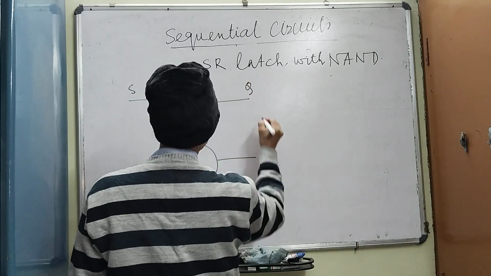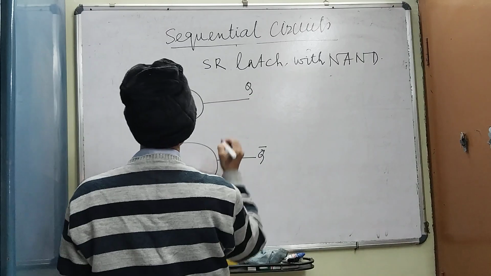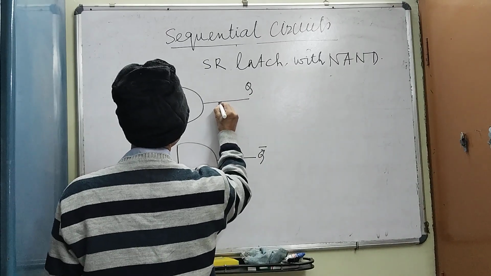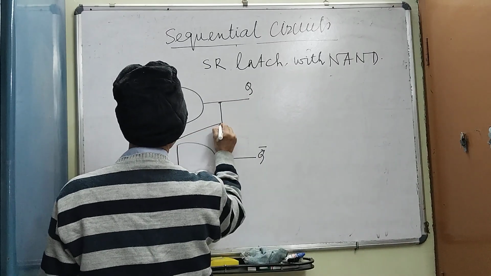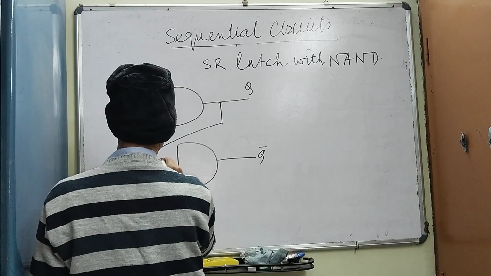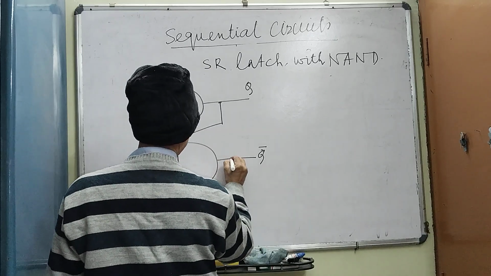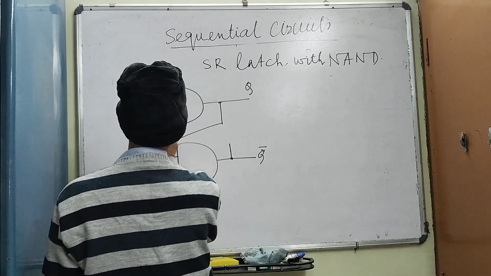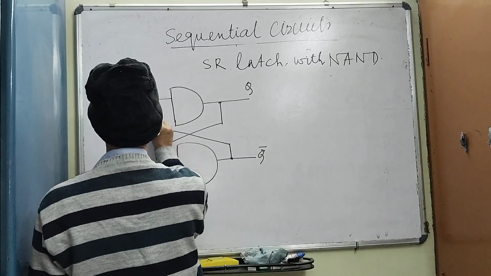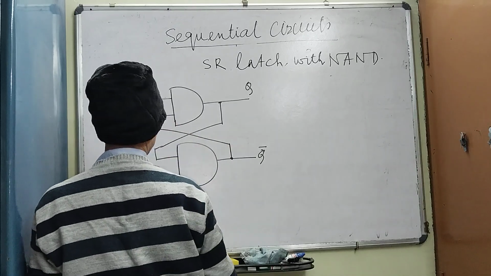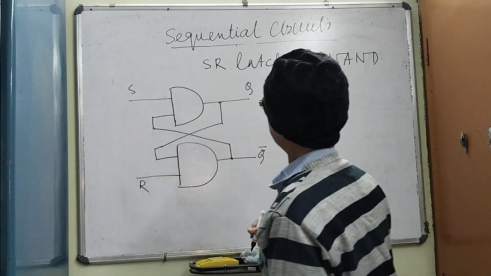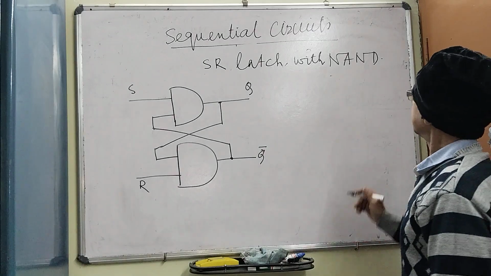Here is the Q and here is the Q bar, the opposite, and from this move here, and from this another move here, another input. So this is the SR latch with NAND gate.